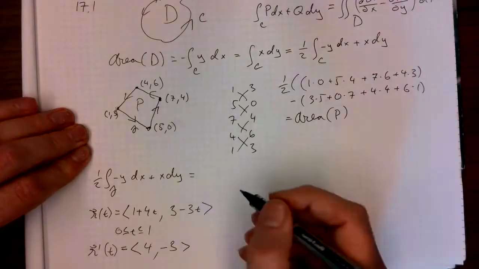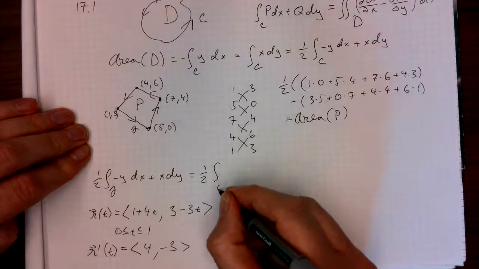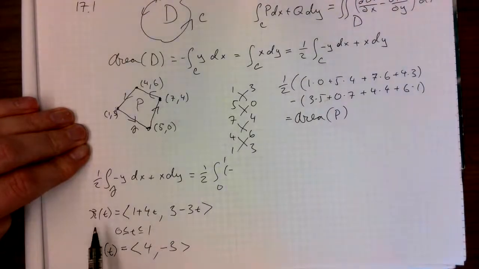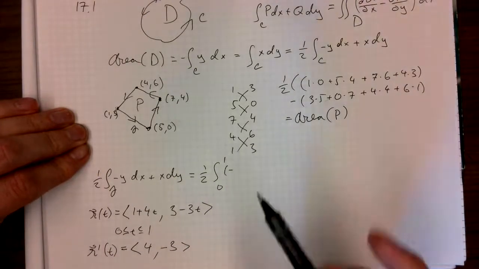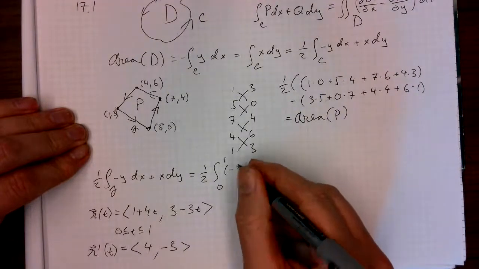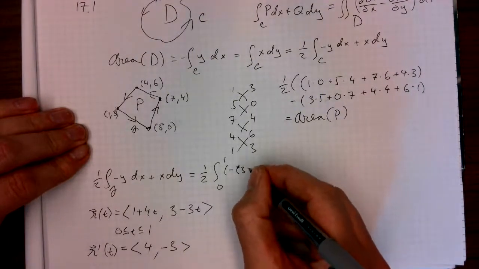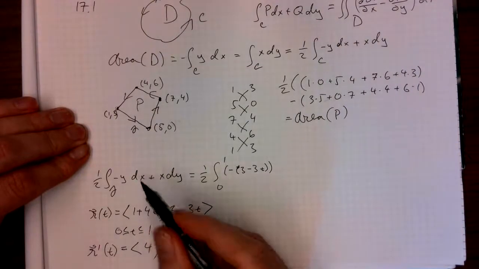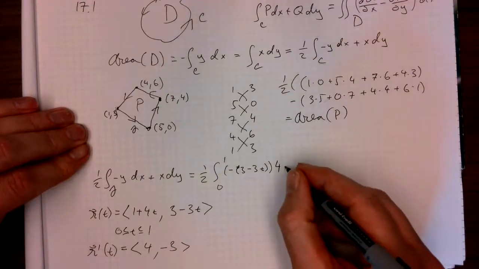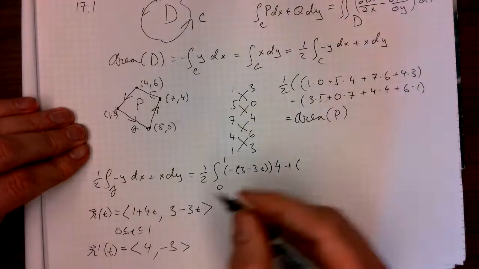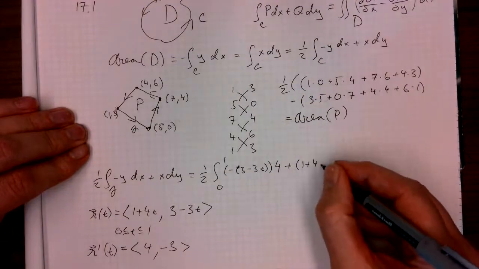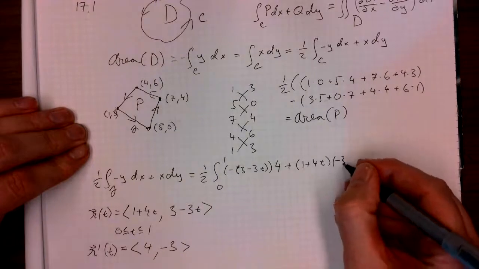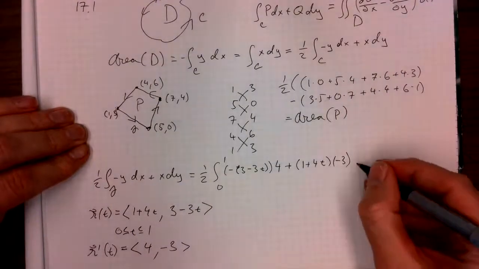So I have 1/2, the integral from 0 to 1 of minus y, where y is 3 minus 3t, times dx, so 4, plus x, where x is 1 plus 4t, times dy, which is minus 3, dt.